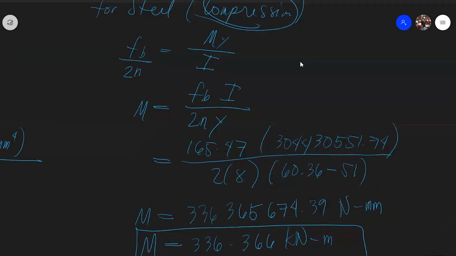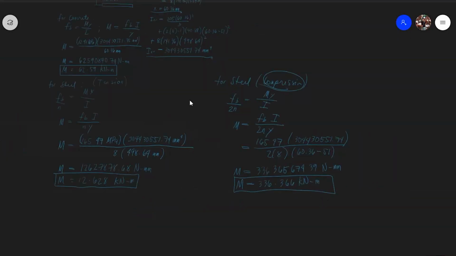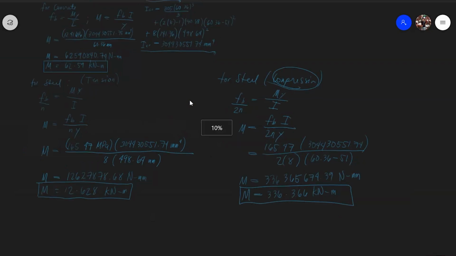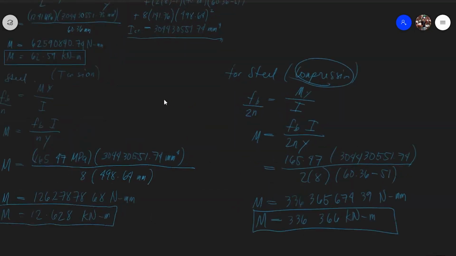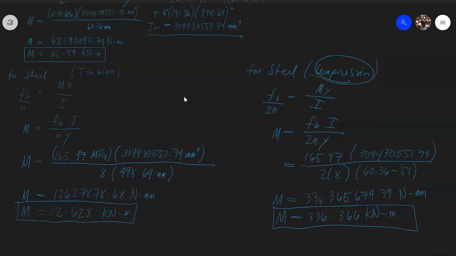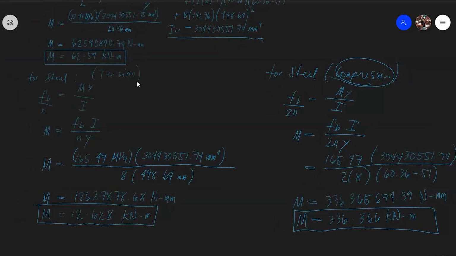I will zoom out. Can you still see it even if I zoom out? It is a bit small, sir. Okay. If the concrete will prevail, the value of the moment is 62.59 kilonewton meter. If the steel in tension will prevail, the moment is 12.628 kilonewton meter.